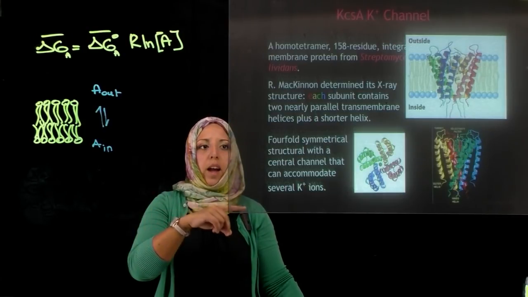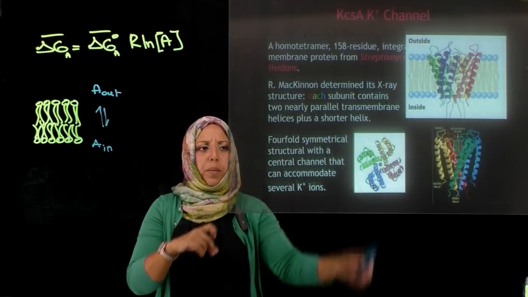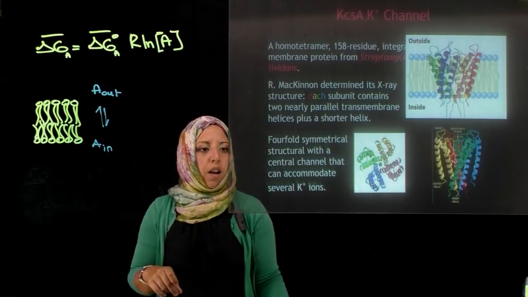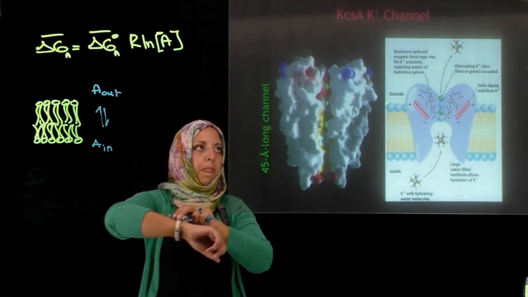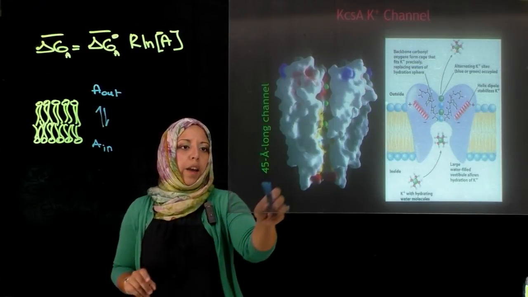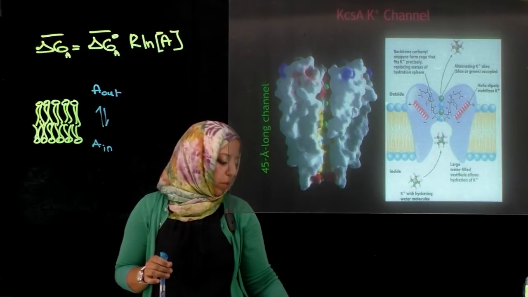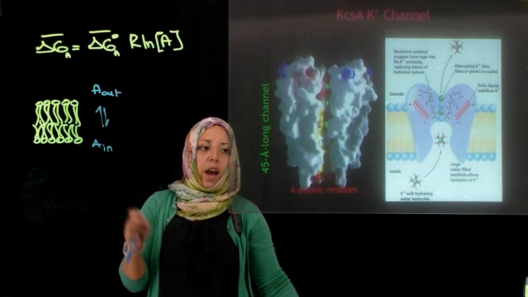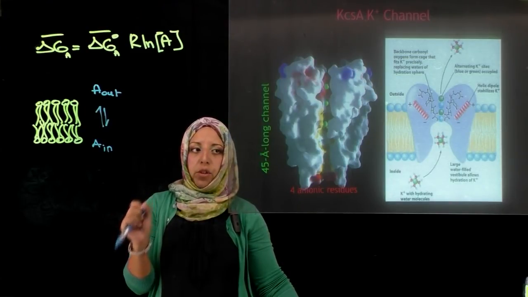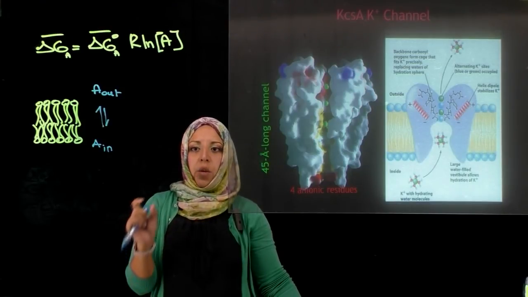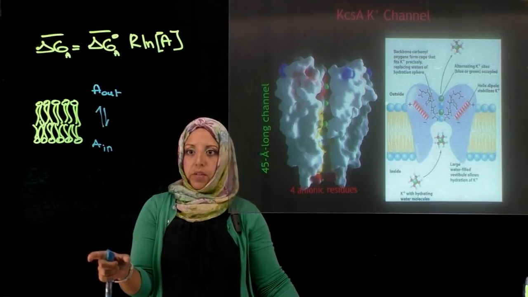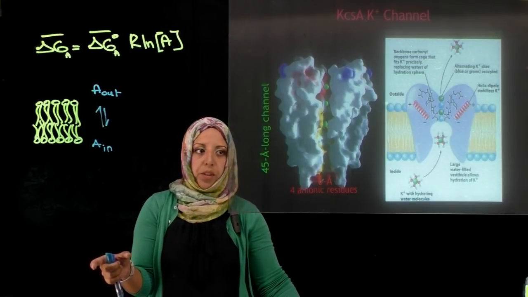So if you notice, it has this four-fold symmetrical structure, and the ions will pass right in the middle. If we take a look at it, it's about 45 angstroms long. It has 4 anionic residues towards the entrance of the channel, which will attract positively charged ions, which is the case of potassium.